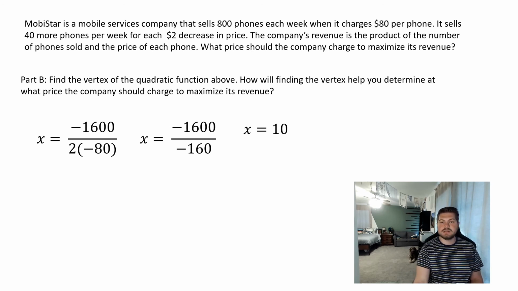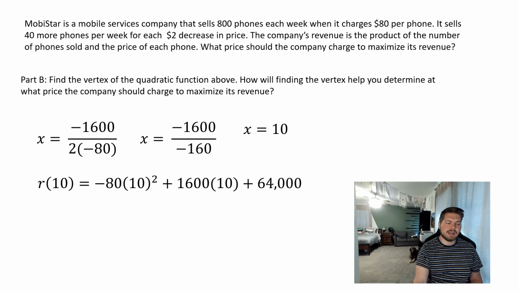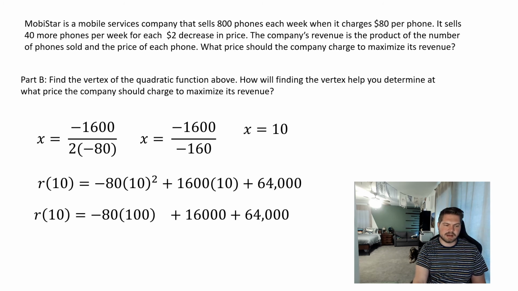Yep. So now we're going to plug 10 into the equation. So 10 squared is 100, negative 80 times 100 is negative 8,000. 1,600 times 10 is 16,000.